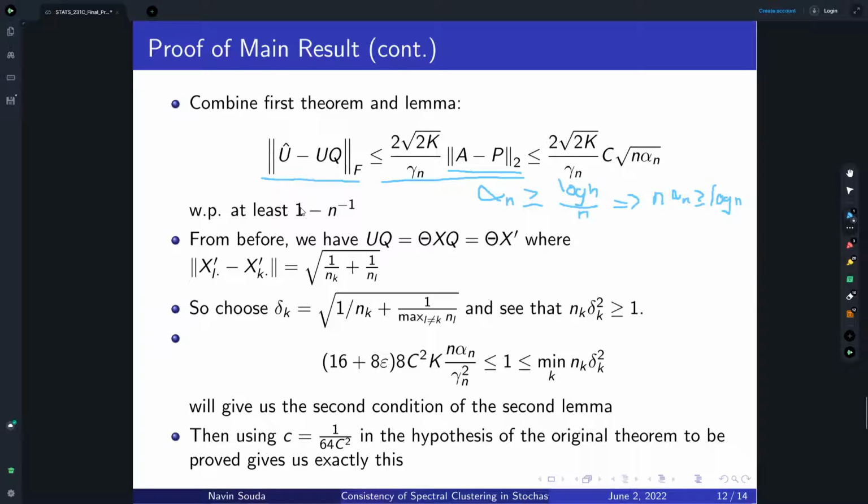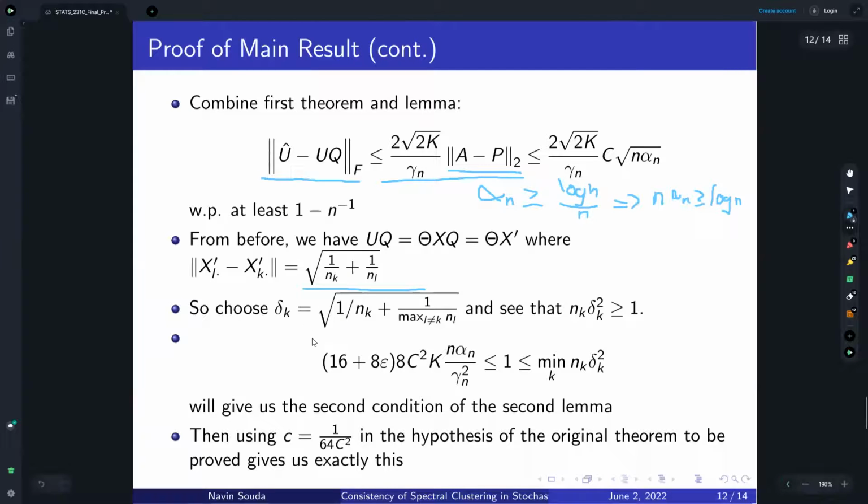And then from that result we showed earlier, we have that U times Q is equal to theta X times Q, which is equal to theta times some X prime, where again Q is orthogonal. And we know that the difference between rows in this set is equal to the square root of 1 over n_k plus 1 over n_l for communities k and l.